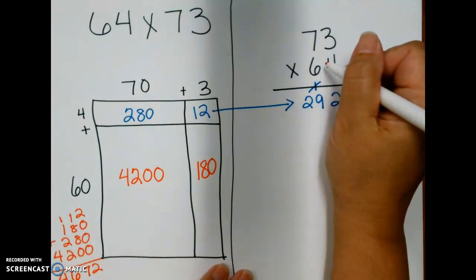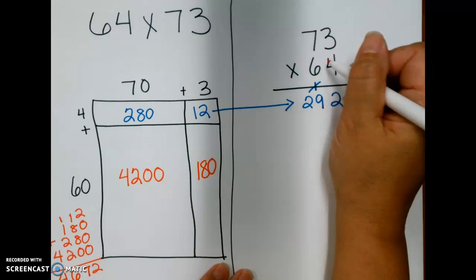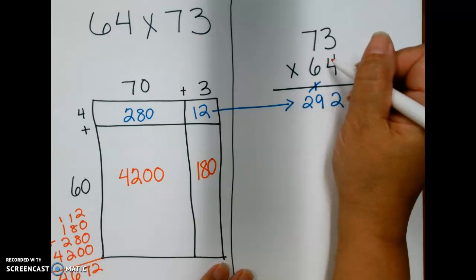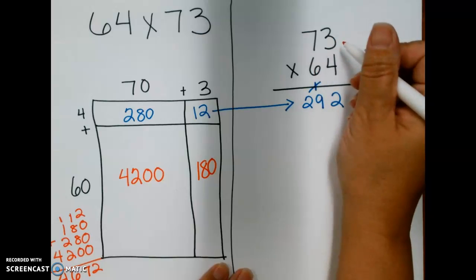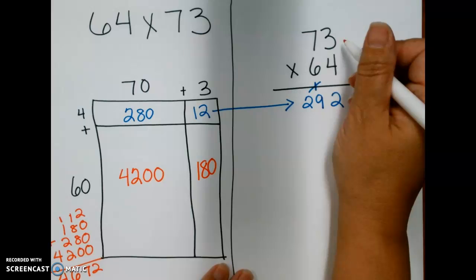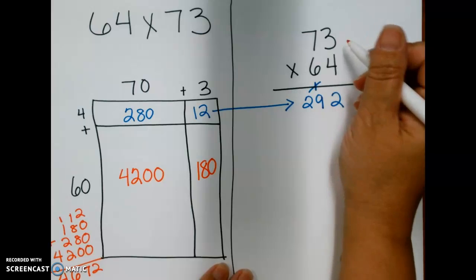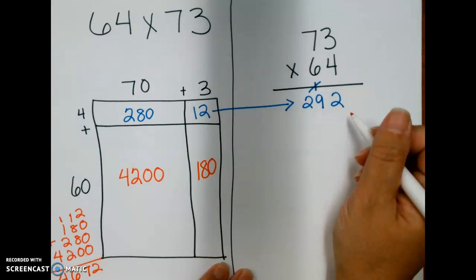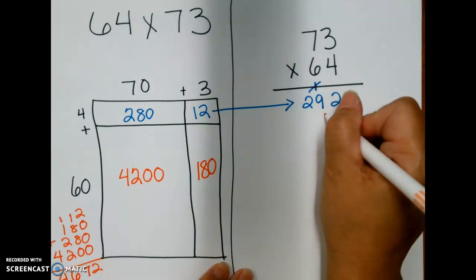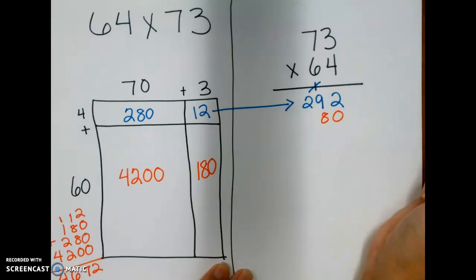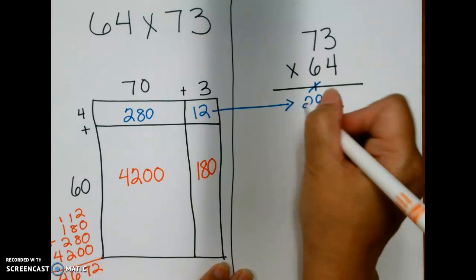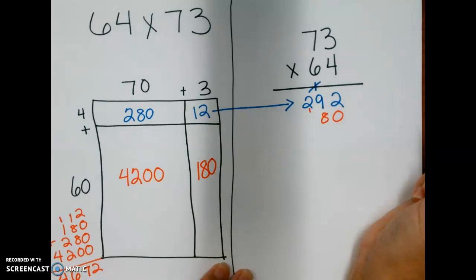So I'm going to multiply 6 tens times 3 ones, which gives me 18 tens. Well, 18 tens is the same as 80, 8 tens, and 100.